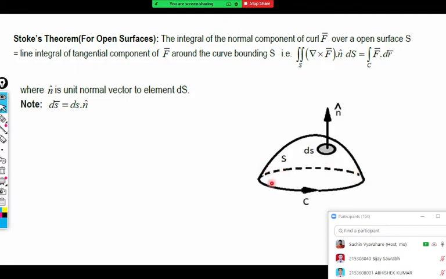That is the meaning. So no need to learn the entire statement by heart. Only this mathematical formula is important for you, and you should know the meaning of each and everything.